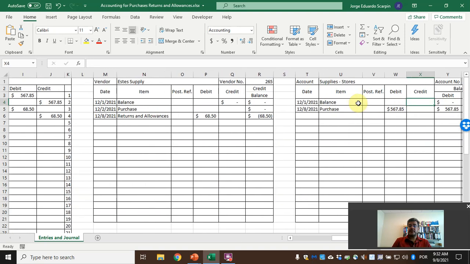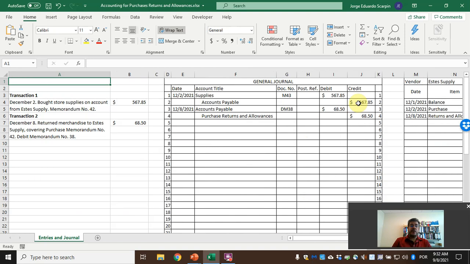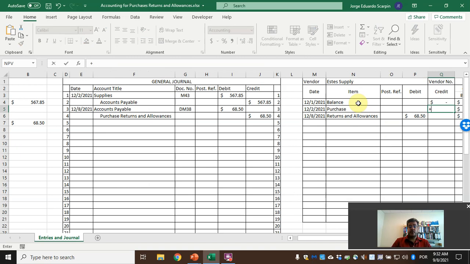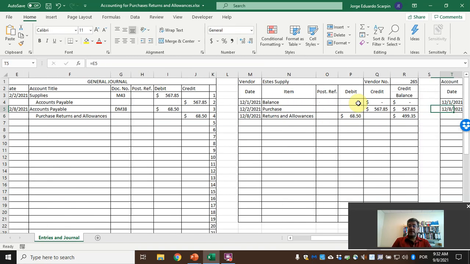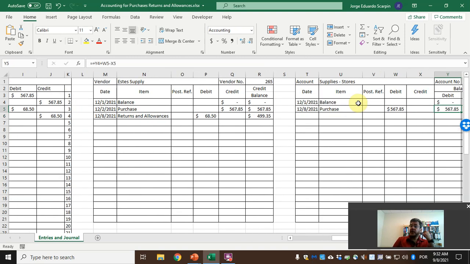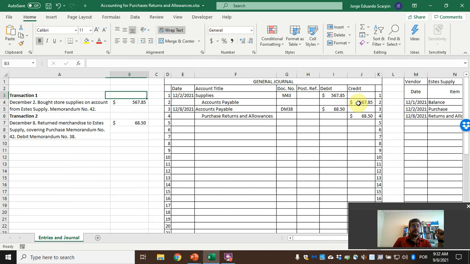And here, guys, it is our vendor, so it is our accounts payable, a credit, 567.85. And the special journal for supplies, so supplies for our stores, Star Supplies.